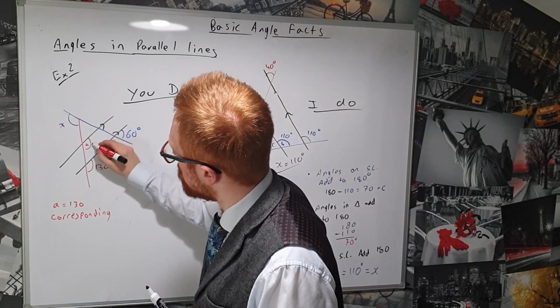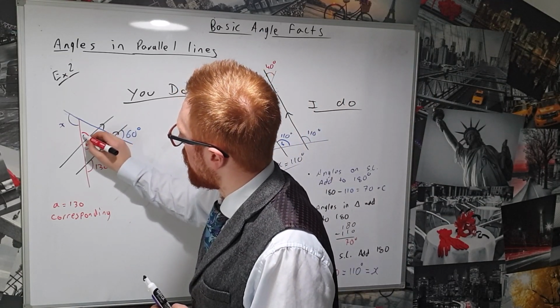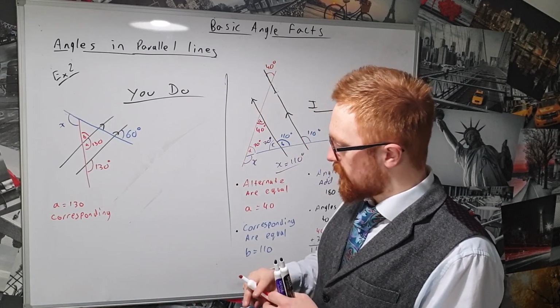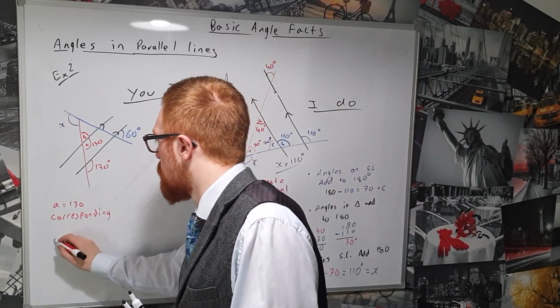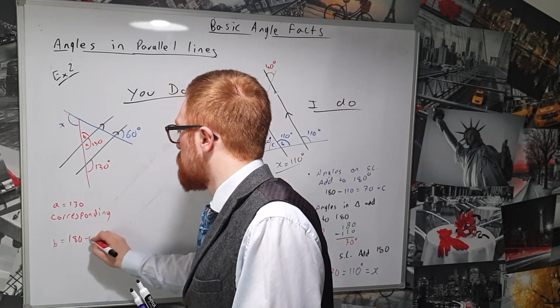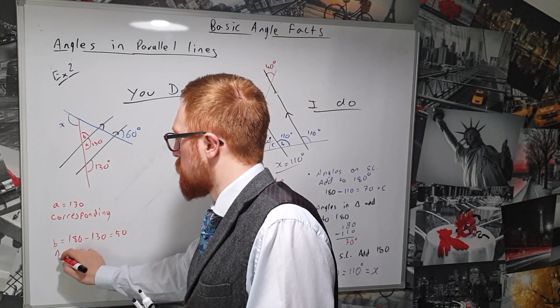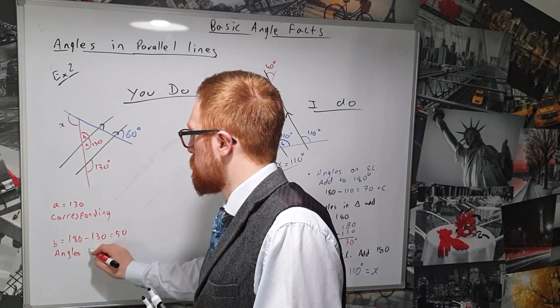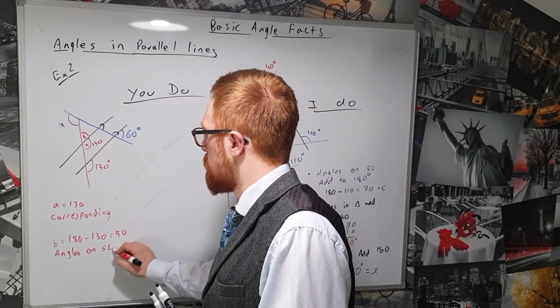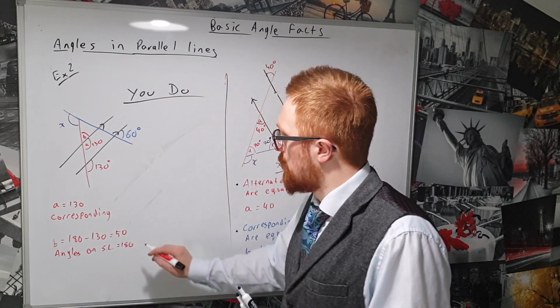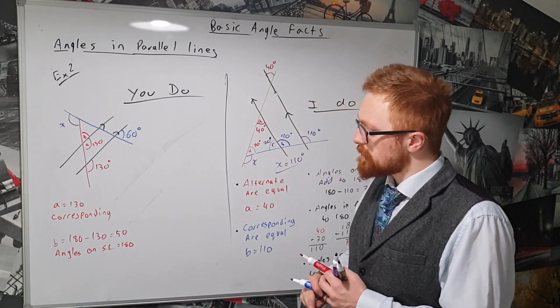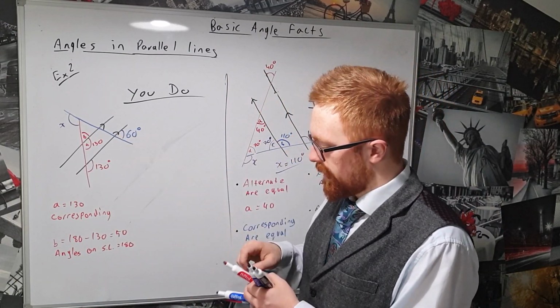So because that's 130, and this angle here, B, is 180 minus 130. So B is 180 minus 130, which is 50, and that's because angles on a straight line add to 180. Okay, so now let's have a look at this angle here.